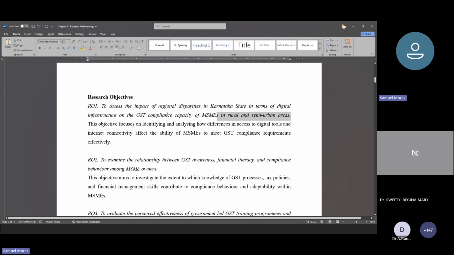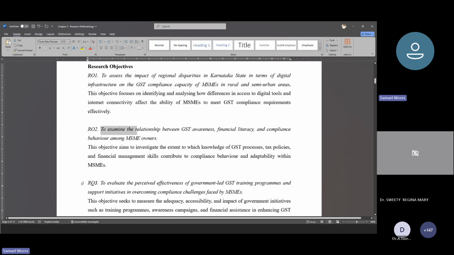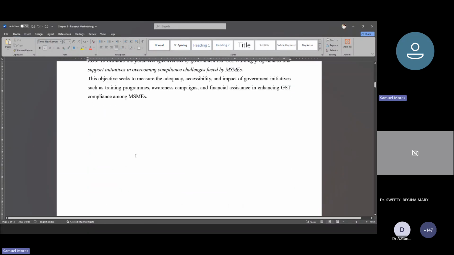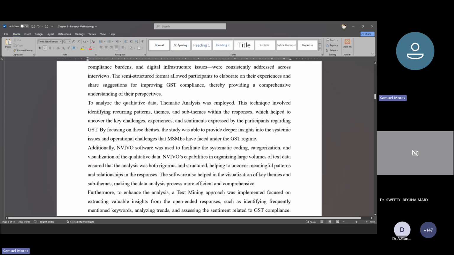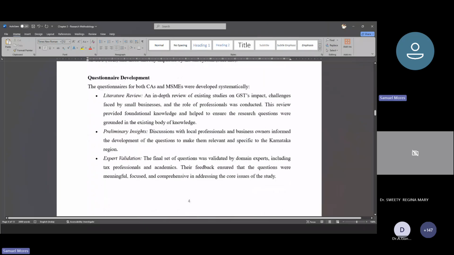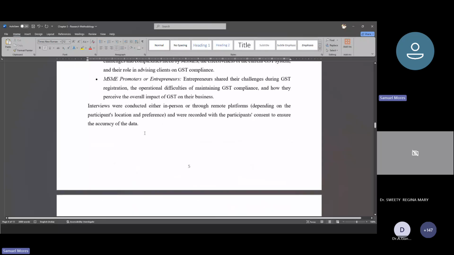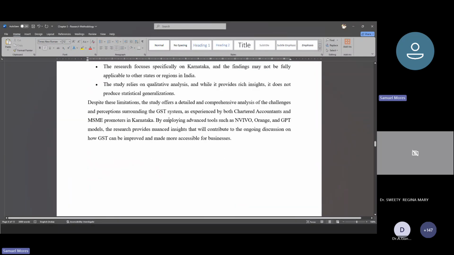Objectives should always start with to assess, to examine, to evaluate. That is how you should write the research objectives. The three objectives were developed, and from the objectives you have to develop hypotheses. I want to show how this flow should be.